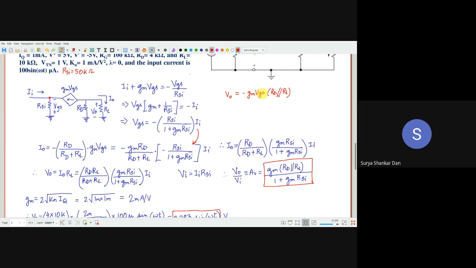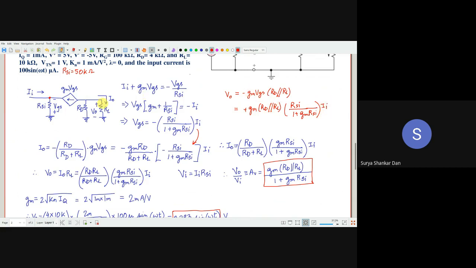Now what is the value of VGS? VGS is obtained from the relation over here. So you could simply write minus GM RD parallel RL, and instead of VGS you can put this relation, so it becomes plus RSI by 1 plus GM RSI. It's basically a two-line problem into II.